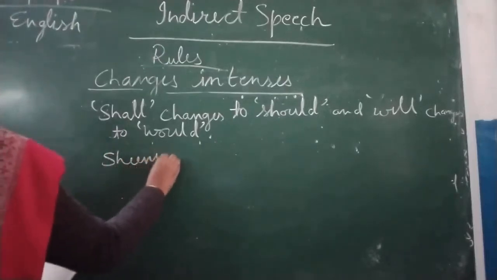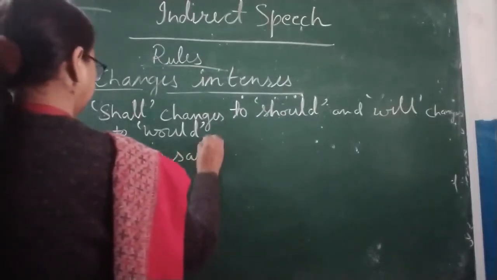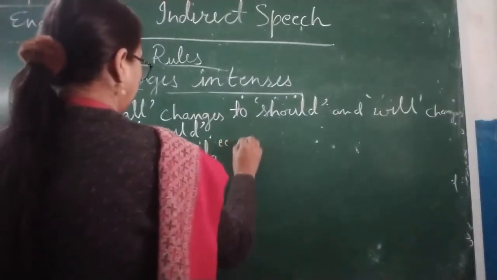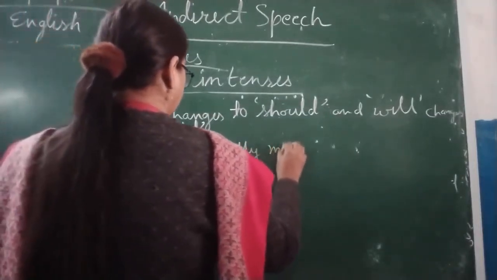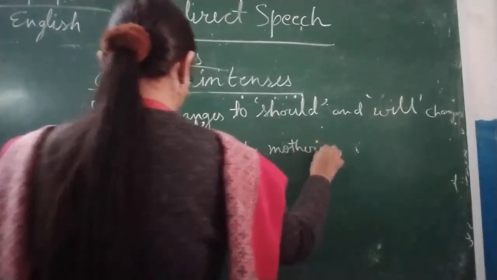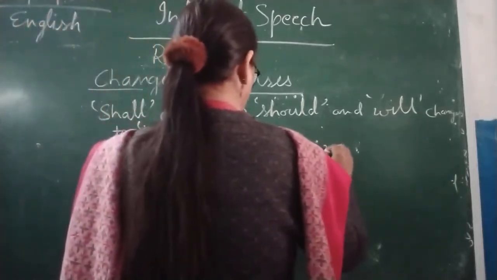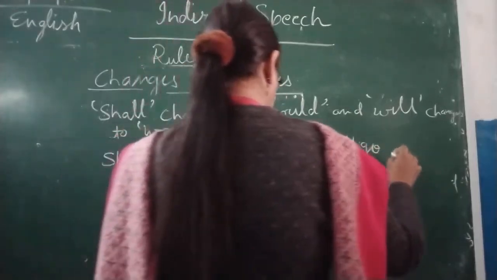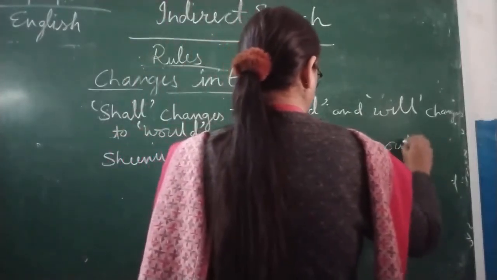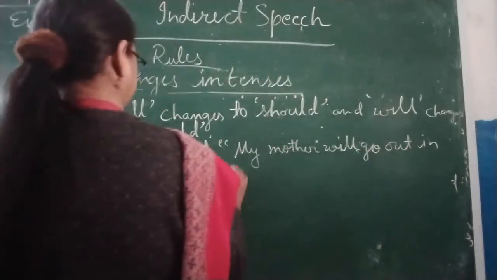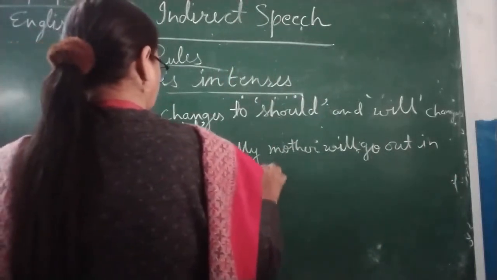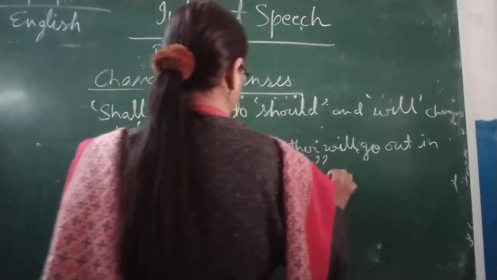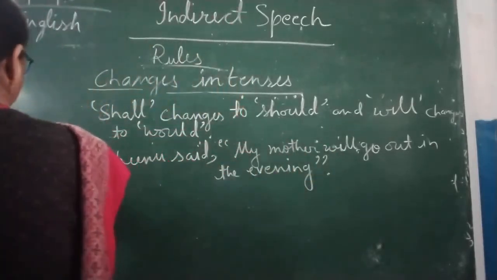Sheenu said, my mother will go out in the evening. Okay, now inverted comma close, this is direct speech.